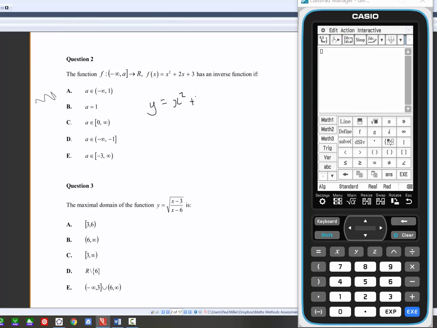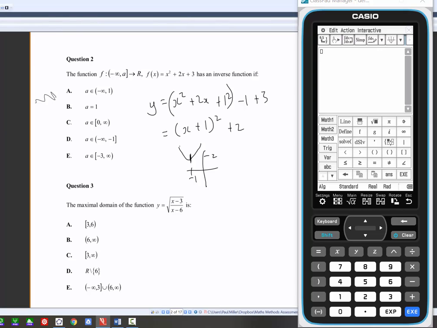So x squared plus 2x plus 1 squared, take 1 plus 3. So I've just completed the square on that, which is x plus 1 all squared plus 2. So it's going to be -1 and 2 is the turning point. It's an upright parabola like that. So they want it to go from -infinity all the way up to and including this value here.